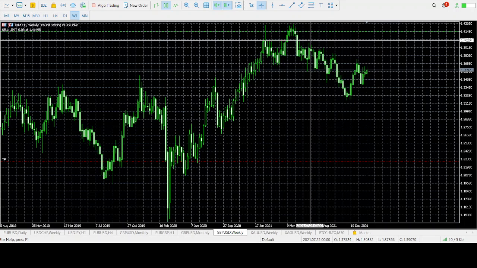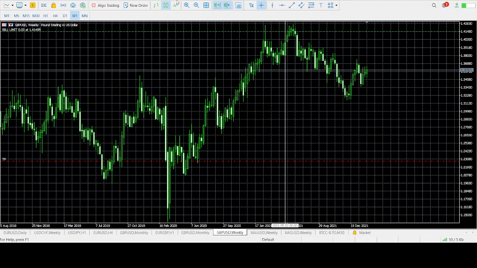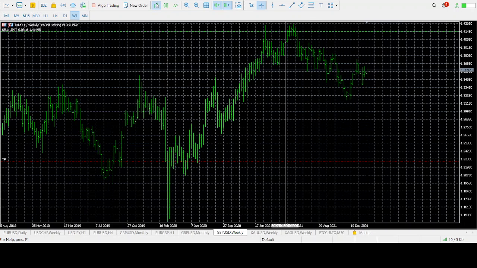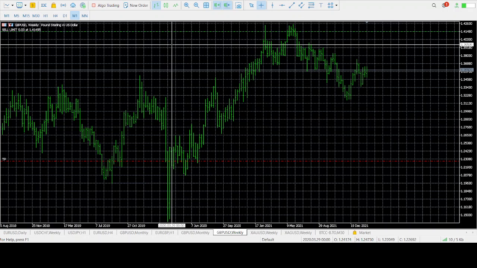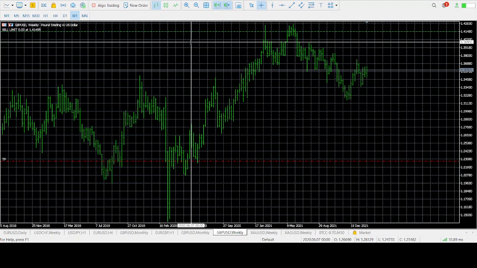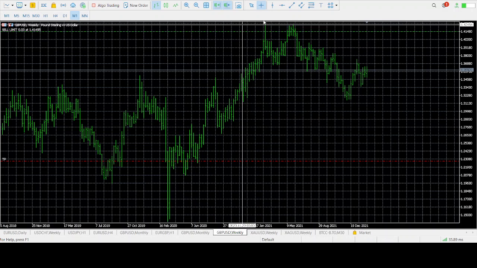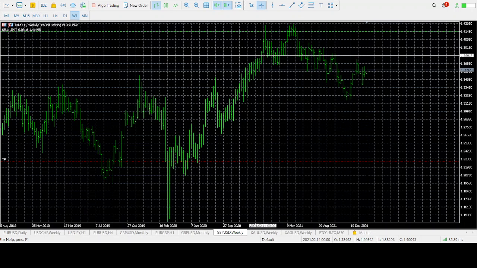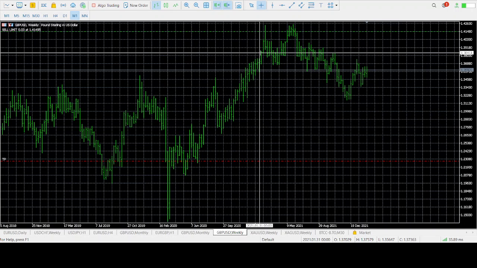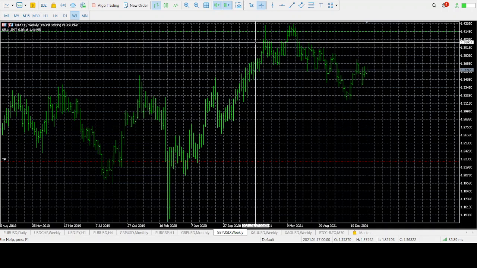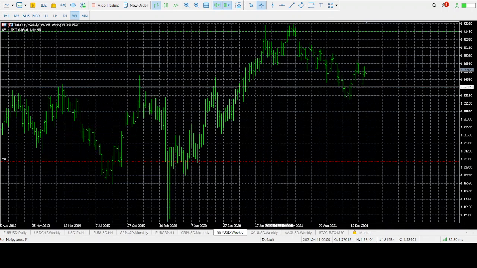Okay, so let's go here now, and we're going to show you the OHLC graph. So it basically shows us the same thing as the candlestick chart. On the left side we have the price. Let's focus on this candle. So we have the opening price, highs and lows, and here is the closing price.